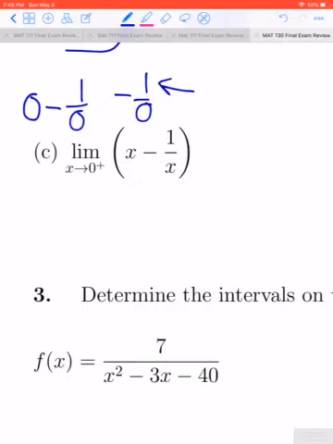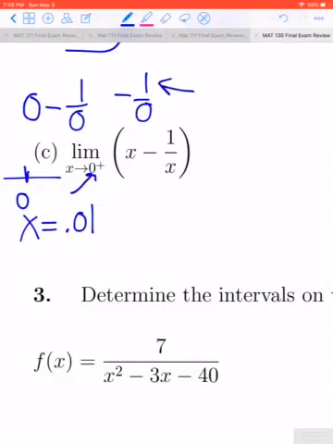To determine which one it's going to be, let's pick an x value that's close to 0 from the right-hand side, and look at the sign of that value. A number that's relatively close to 0 on the right-hand side would be an x value of, let's say, 0.01.